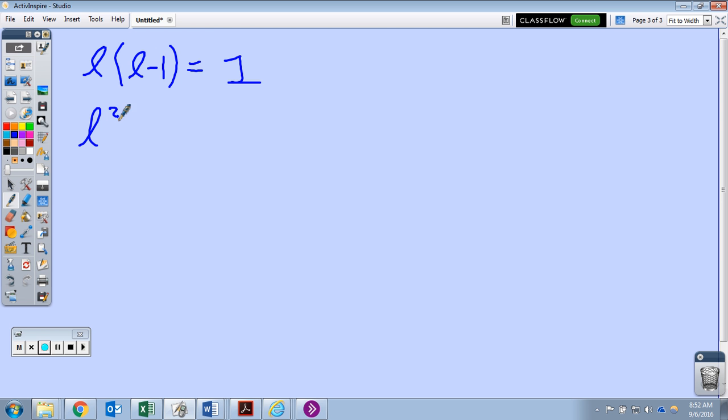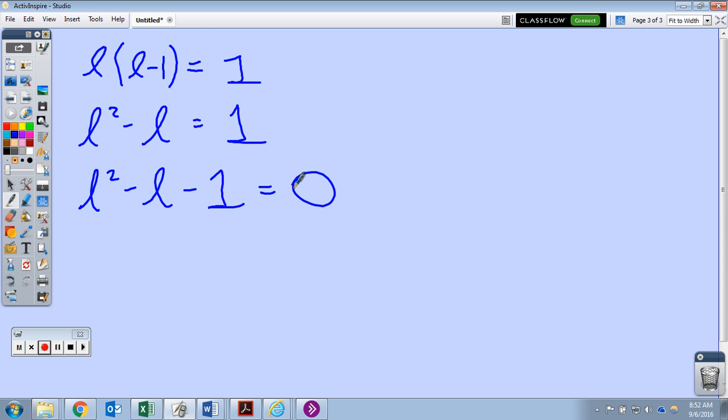So L squared minus L is equal to 1. Continuing forward, we know it's a quadratic, right? And now here, is this prime or can we factor? If it's prime, we have to apply the quadratic formula to solve for L.